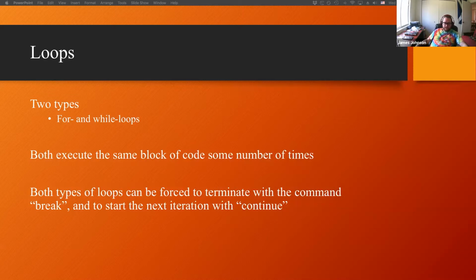So to start, loops come in two flavors, either for or while. And they all boil down to more or less the same concept, which is you want some block of code to iterate or repeat itself some number of times.